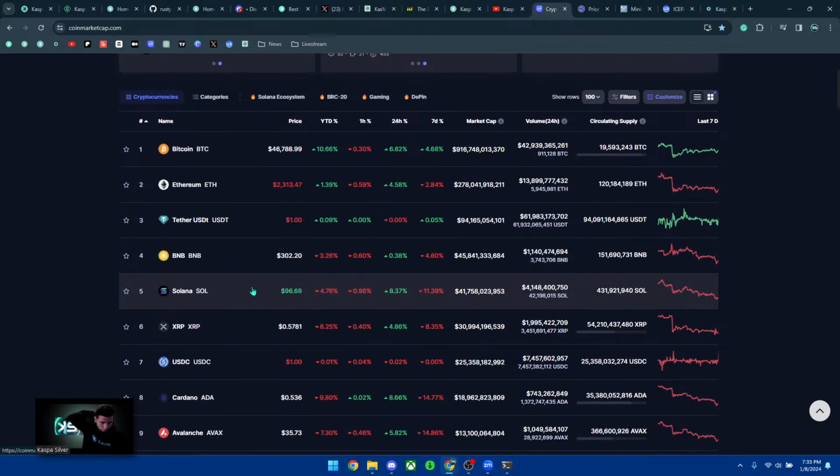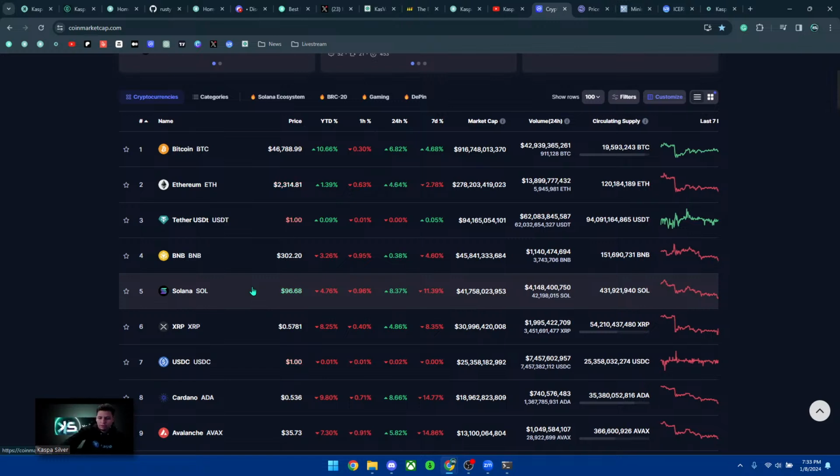From here you've got to just look at multipliers, I guess. So it's already at a 41 billion market cap. The best you're going to get is like what? A 3 to 4x from here, maybe.